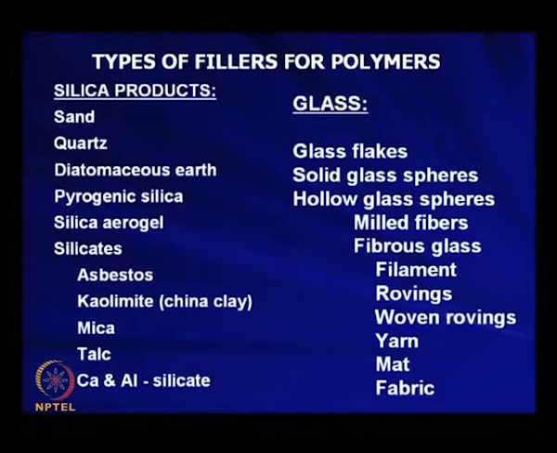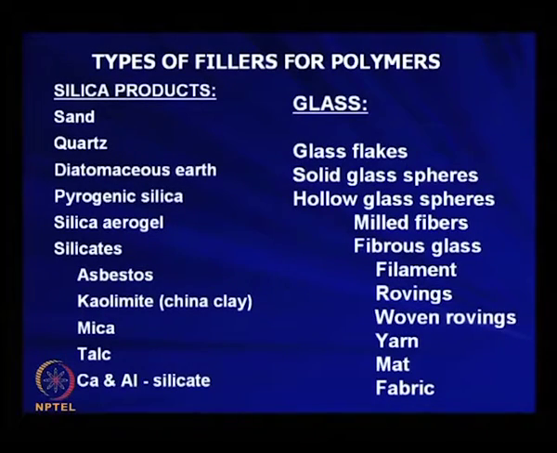Then glass based fillers, say glass in the form of flakes, glass spheres, hollow glass spheres, milled fibers, meaning chopped or very short glass fibers, fibrous glass in the form of filament, rovings, woven rovings, yarn, mat and fabric.